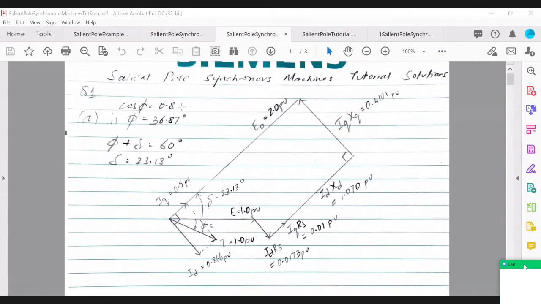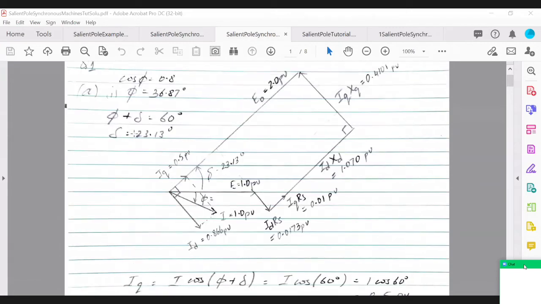So using the data provided, I've worked out the angle delta. Since we can work out what phi is, and we know that the sum of phi plus delta is 60 degrees, we can work out delta.